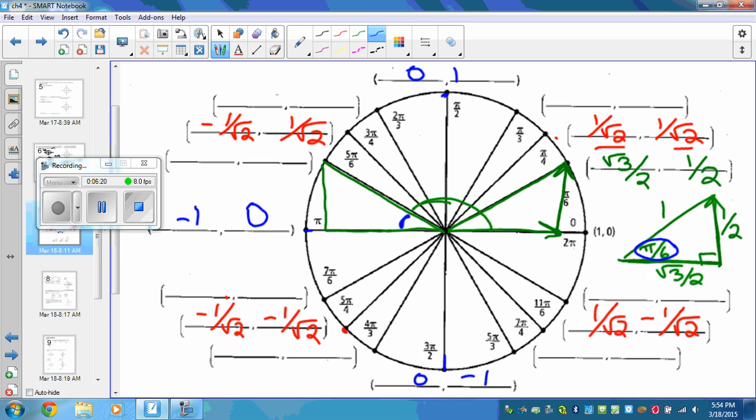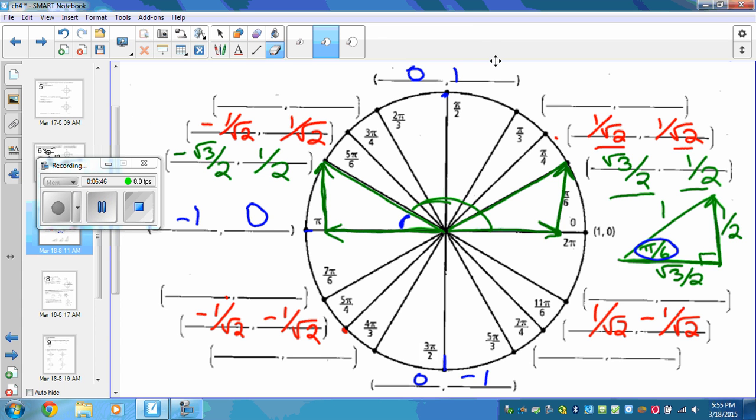Okay, so this is symmetrical. It has the same reference angle, so it's going to have these exact same values, only my x value is negative, my y value is still positive. Okay, again, that negative is super important.